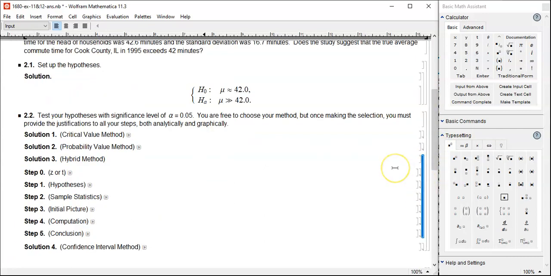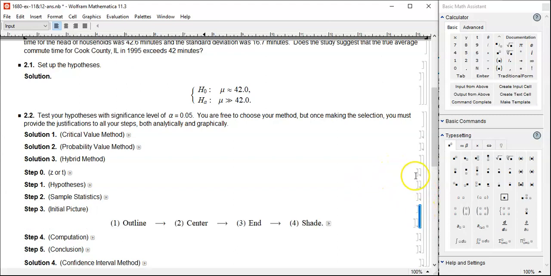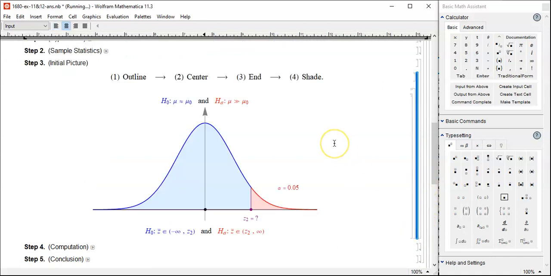We have enough time, so let's talk about the hybrid method. And it kind of goes like this. It's a similar idea, except that instead of getting the normal picture around the null hypothesis, make a standard normal and then draw it around 0. And then, this is about going greater, so get the z critical score for the right.